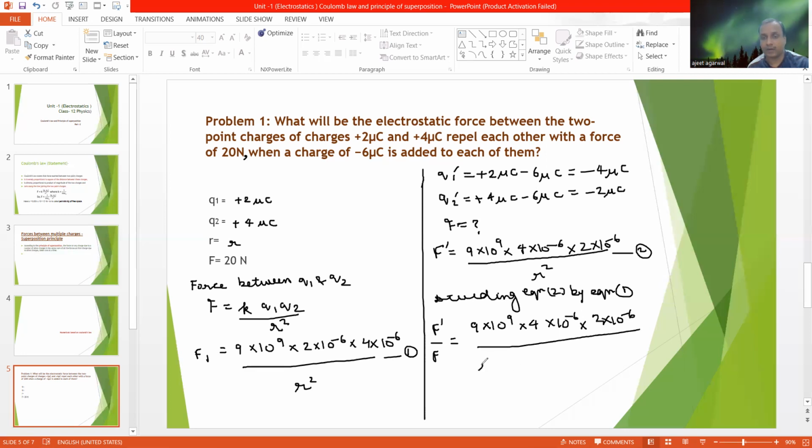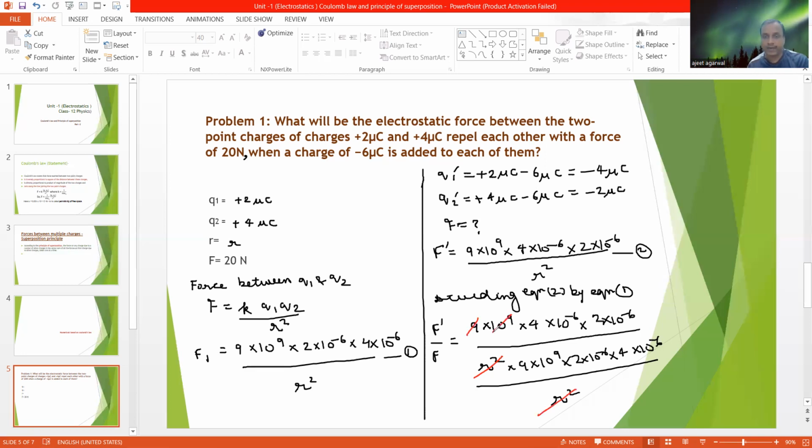Whole upon r square. This is F dash. Now F is 9 into 10 to the power 9, 2 into 10 minus 6, 4 into 10 minus 6, divided by r square. Now you can see that r square will cancel out.